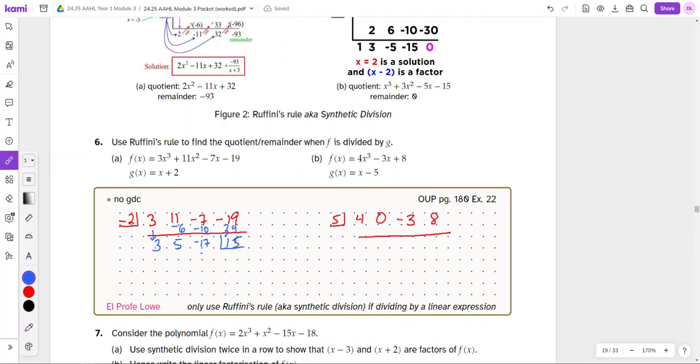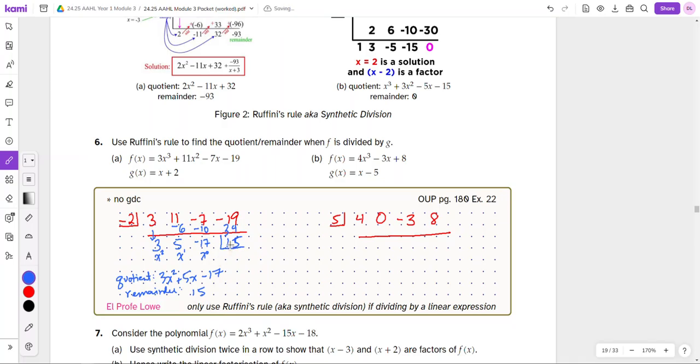And if I think about this as x to the 0, x to the first power, x squared, just increasing my powers by 1, I know my quotient as well. So the quotient for this first situation is going to be 3x squared plus 5x minus 17, and my remainder is going to be 15.